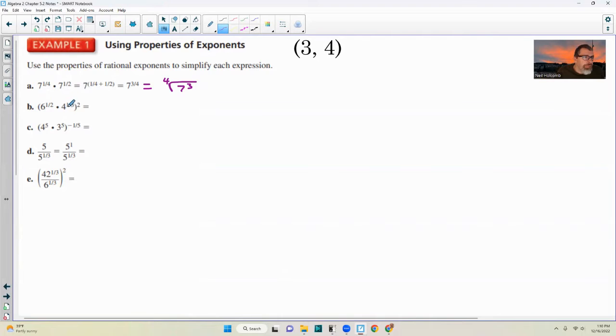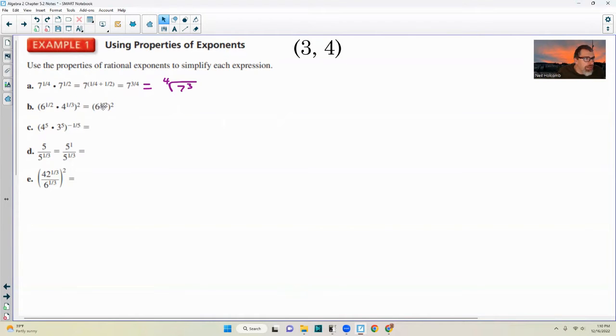All right, next one: 6 to the 1/2 times 4 to the 1/3, all to the 1/2. So 6 and 4 are not the same base, so I can't just take 1/2 and add 1/3. That I cannot do because these are not the same. But I can distribute this 2 outside to both.